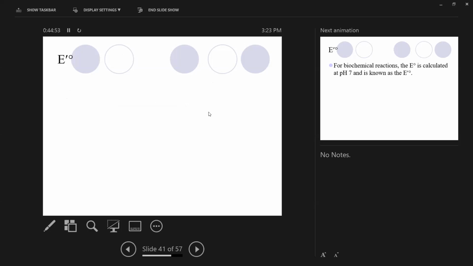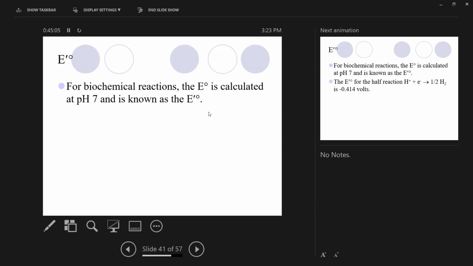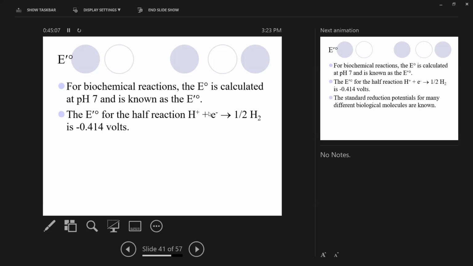So you still bubble hydrogen gas through, it's just you're not doing it in a pH 1 or pH 0 solution, it's pH 7. And so now the standard biochemical reduction potential for your hydrogen half cell is minus 0.414 volts.